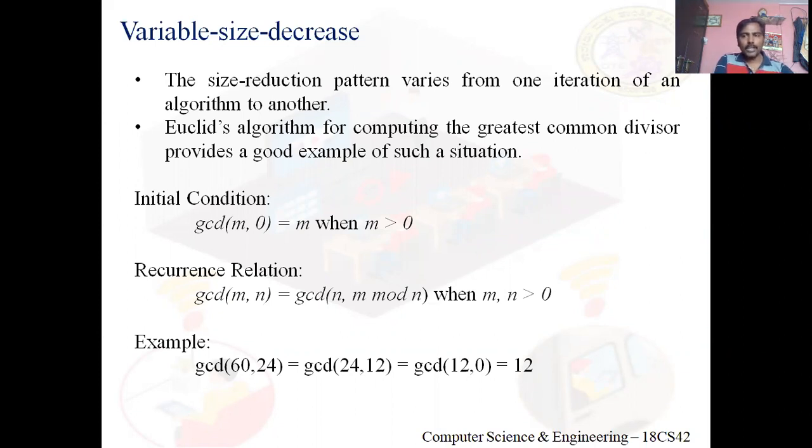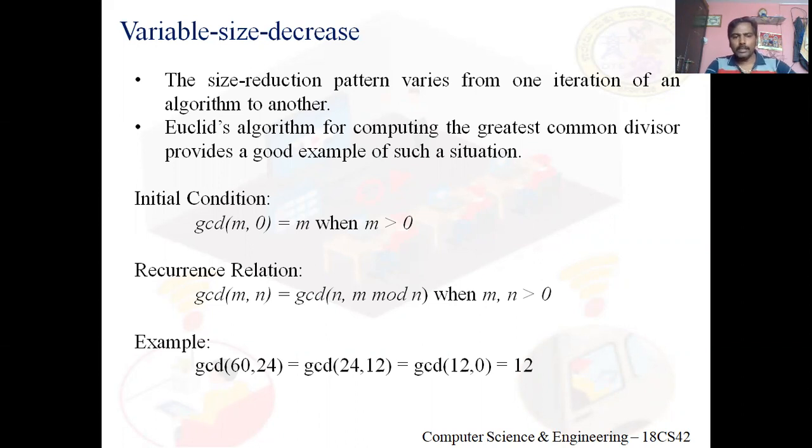Exploit the relation between a problem with a given larger instance and the problem with a smaller instance. Clear? So now, what is that relation? In GCD, we have a recurrence relation.